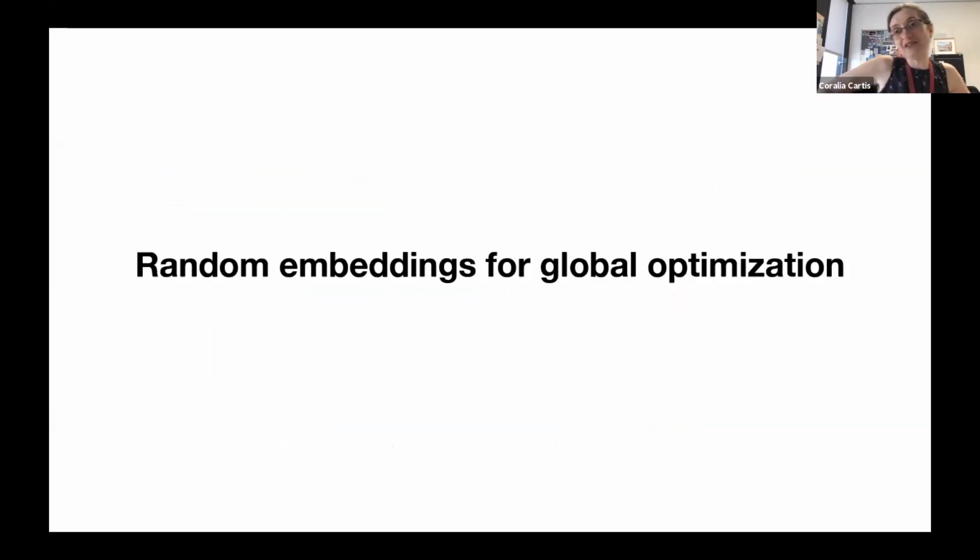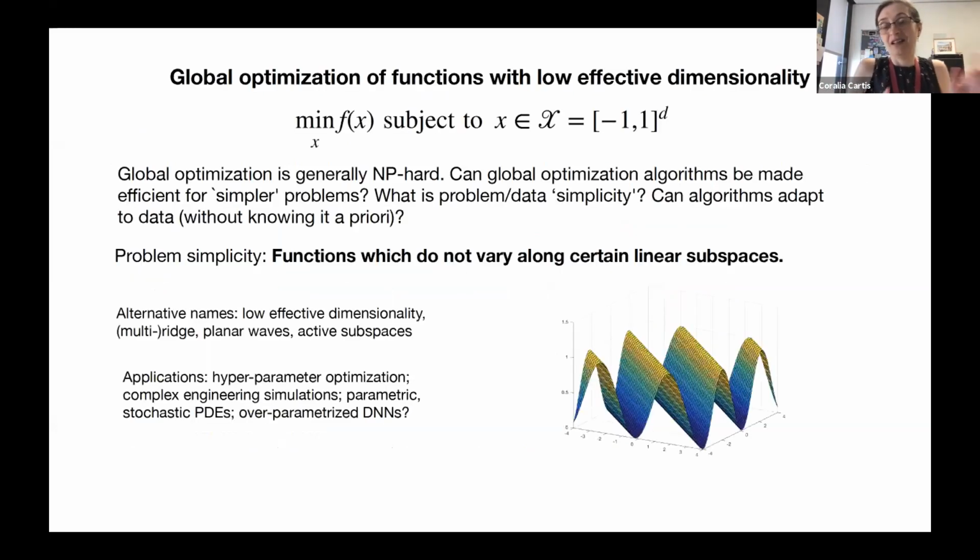I really won't have time for global optimization, but I want to tell you that what I've spent time on with Adilette and Estelle, and we are finalizing quite a bunch of work now, is to look at global optimization of special structure functions, non-convex functions that are invariant in a subspace. So they only vary along a certain linear subspace that's unknown.